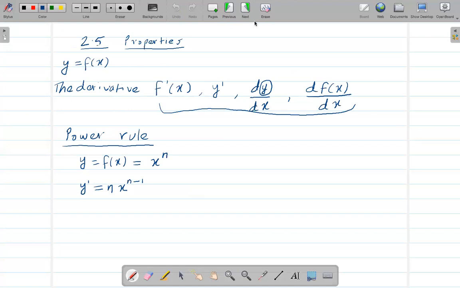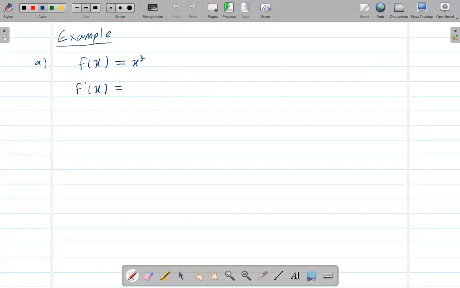So I can bring this 3 down here, and then x to the power 3 minus 1, which is 3 times x to the power 2.